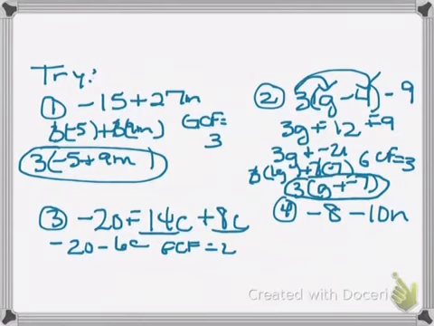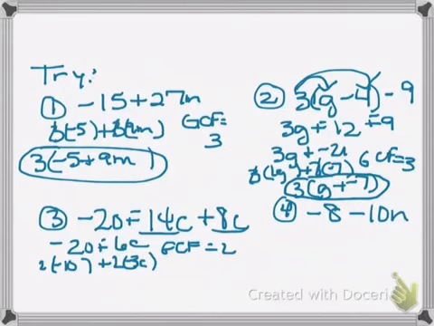Now my greatest common factor between 20 and 6 is 2. I'm going to rewrite both of those terms using a factor of 2. So I have to ask myself, 2 times what is negative 20, and it's negative 10. 2 times what is negative 6c, and it's negative 3c.